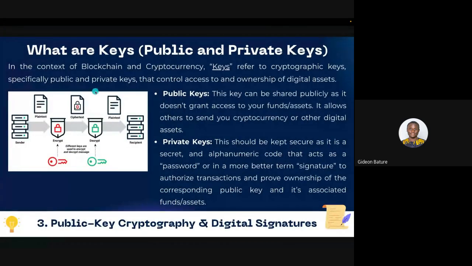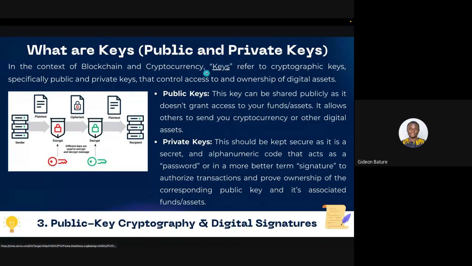Mind you, public and private keys are not only in the concept of blockchain; other things too have a kind of public and private key. But we are looking at public and private keys in the case of blockchain.